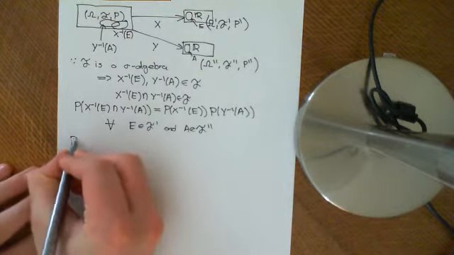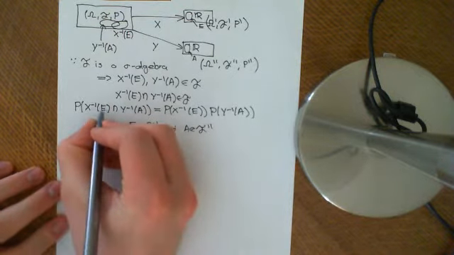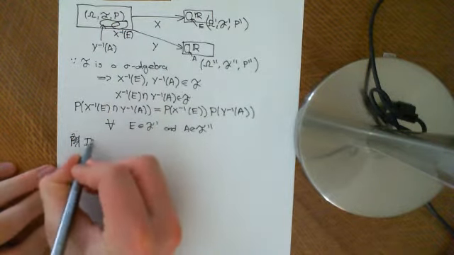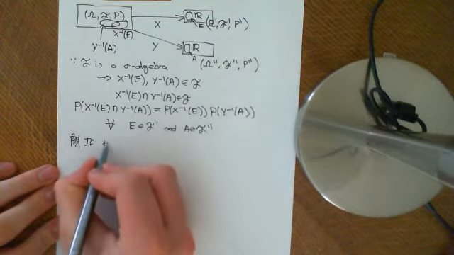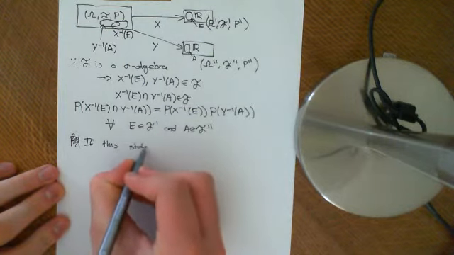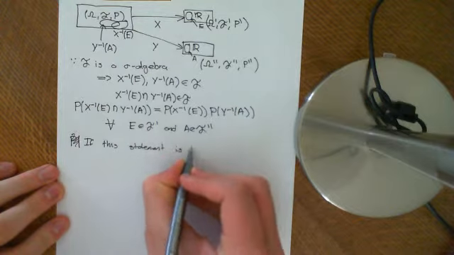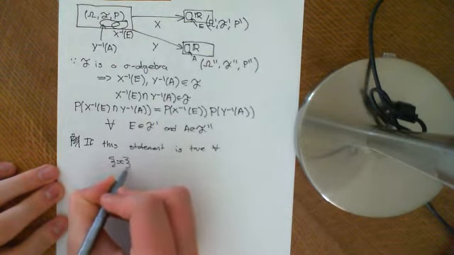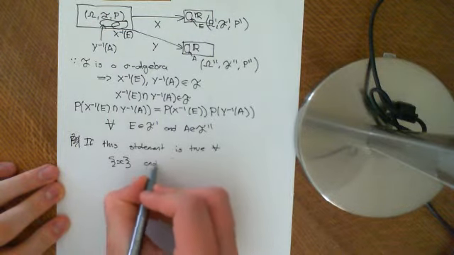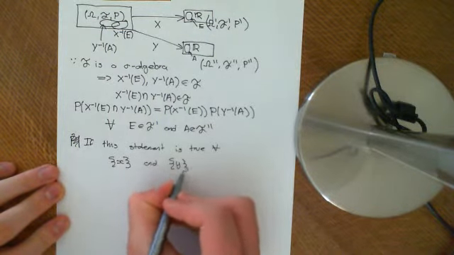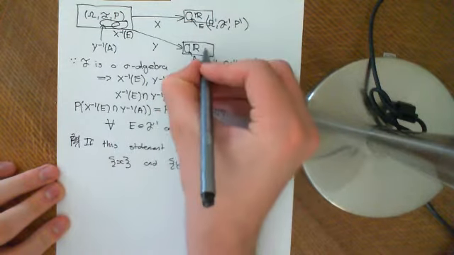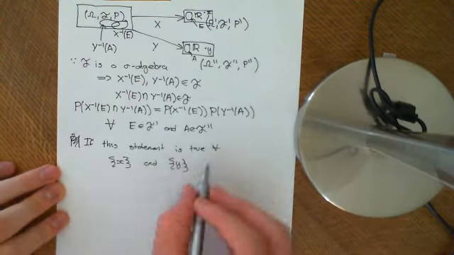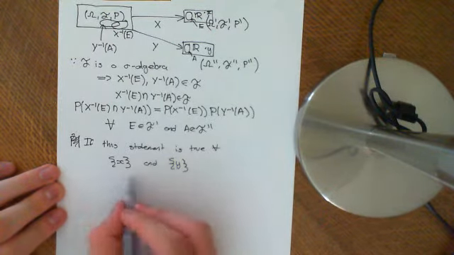So this is true if this statement is true for all singleton sets x and singleton sets y, which are the singleton sets in here. So if you take single outcomes in here, x and y, put them into sets by themselves, and if this statement here is true for all x and y, i.e.